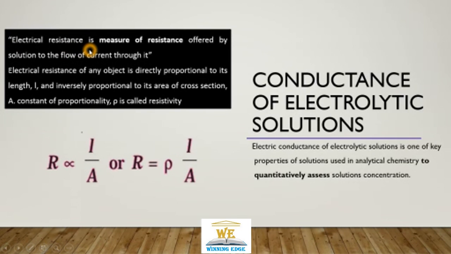Electrical resistance of a solution is a measure of the resistance offered by the solution to the flow of current through it, and it is proportional to the length and inversely proportional to the area of the solution. In that case the proportionality constant will be resistivity, or rho.